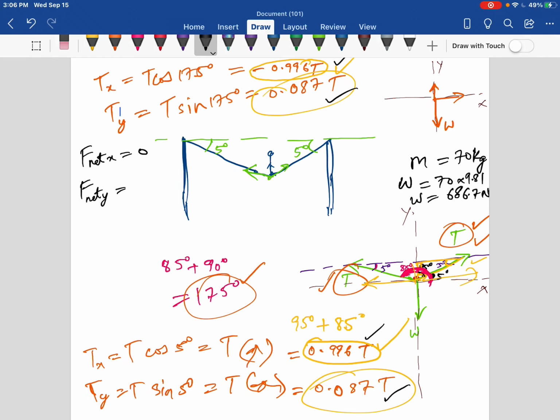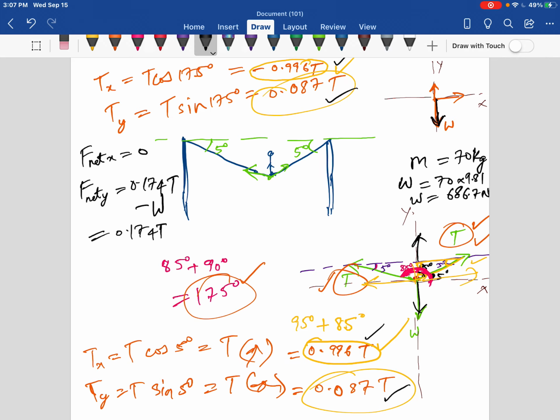So let me do times 2 and see what I get. 0.174 T. But don't forget this W, guys. Don't forget this W right here. This also exists, so this has to be subtracted, because these two forces were both up. So this is down, so it has to be minus W.